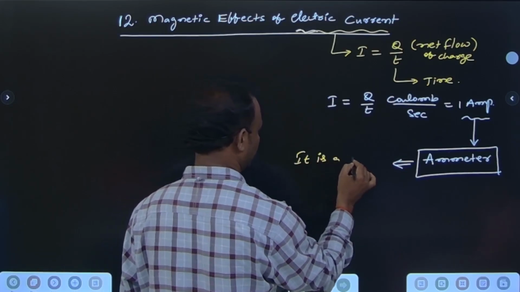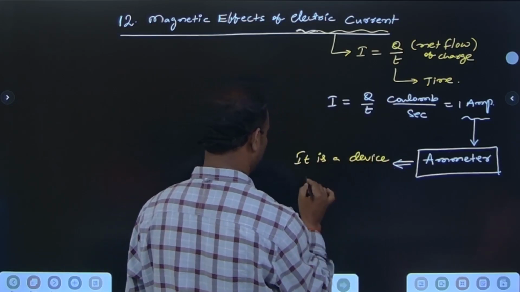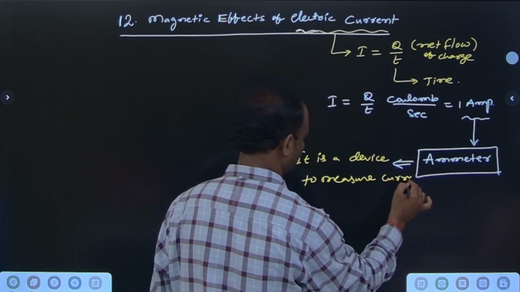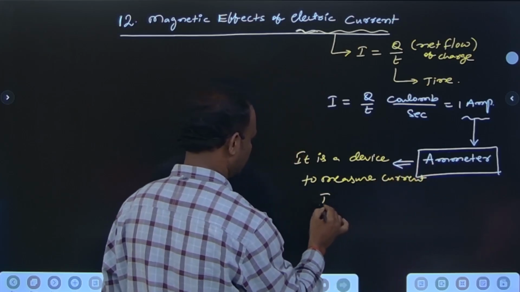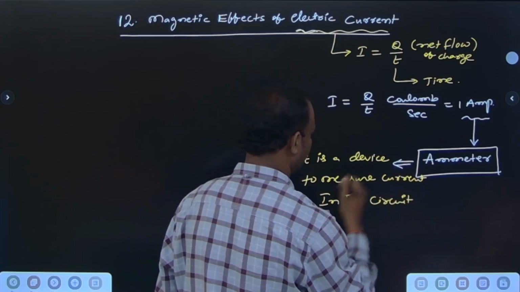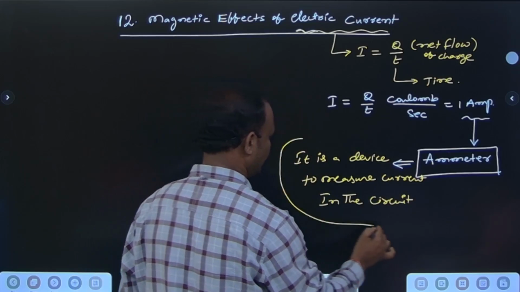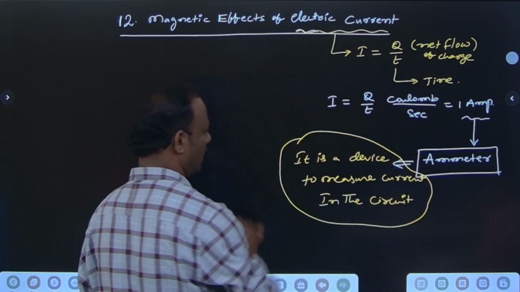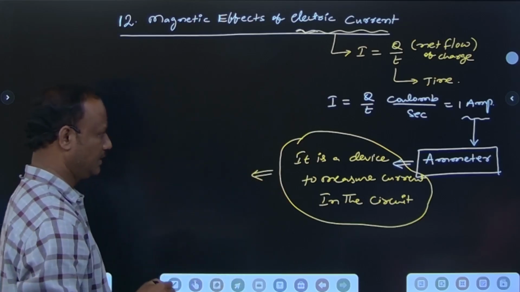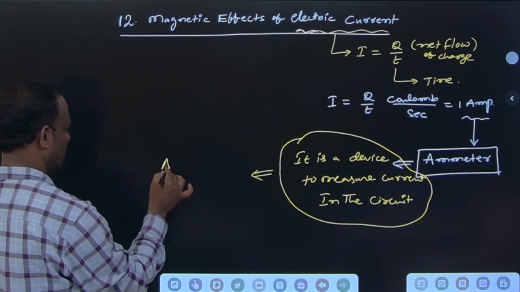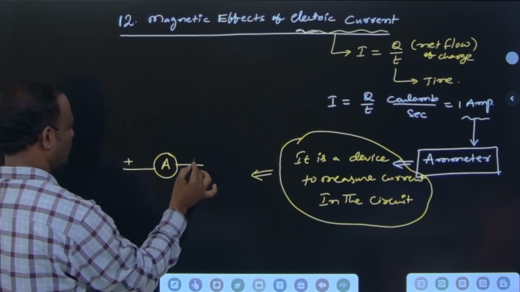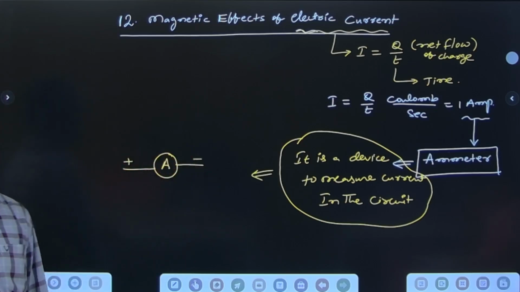It is a device to measure current in the circuit. If you are discussing this ammeter, how do you connect it and what is its symbol? This is the symbol for the ammeter. One terminal is positive, the other is negative.